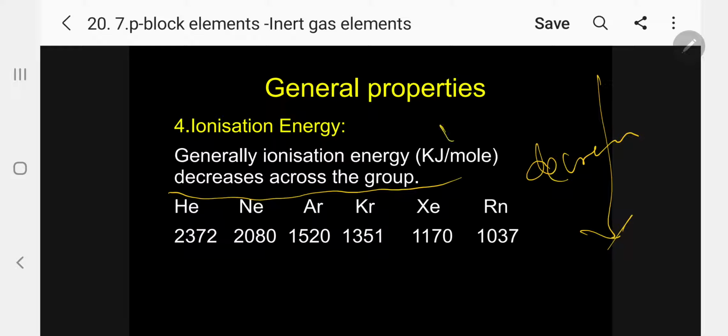One important information I want to give: ionization energy will be given in kJ per mole. The highest ionization energy required is 2372. This is the element having the highest ionization energy in the periodic table. Please remember, just like fluorine is the most electronegative element, 4.